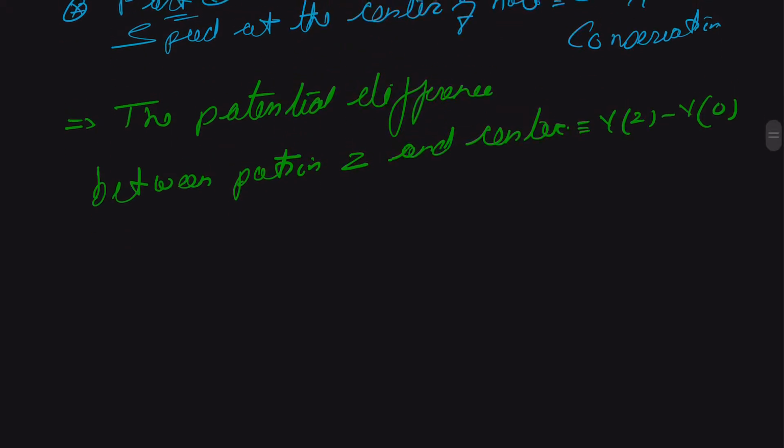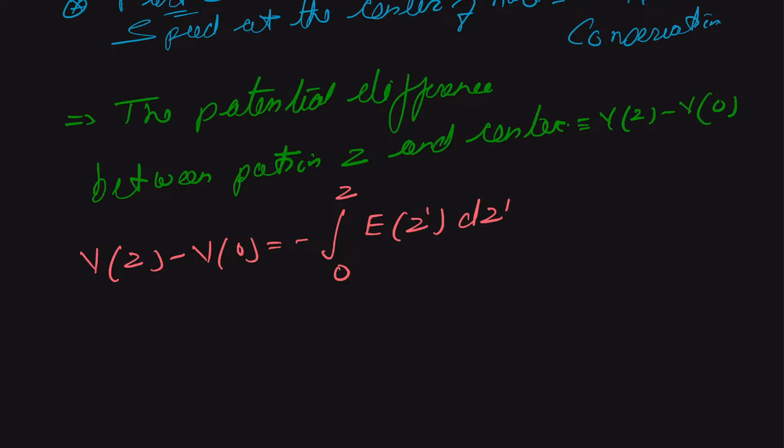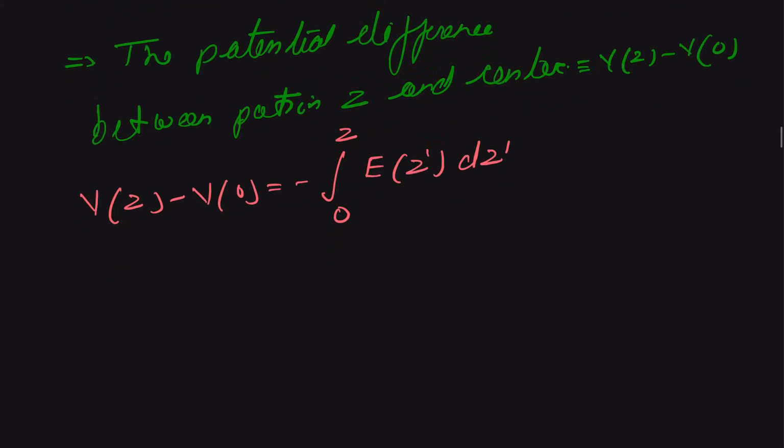And this formula we already know, that our Vz minus V0 will be equal to minus the integral of E z prime dz prime, and integration is going to vary from 0 to z, because the center is at 0. This z prime is nothing but a different variable, so that we do not confuse it with the z.